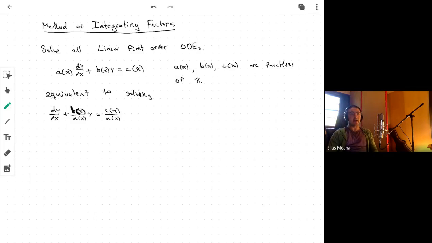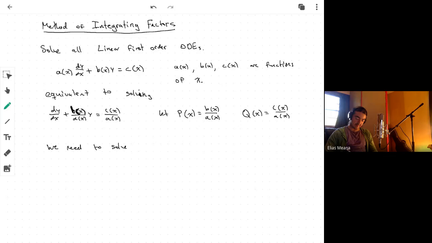Typically, and what you'll see in your book, is they'll say let p of x be b of x over a of x, and let q of x be c of x over a of x. So to solve all first order linear ODEs, we just need to solve a much nicer looking differential equation, dy dx plus p of x y equals q of x.